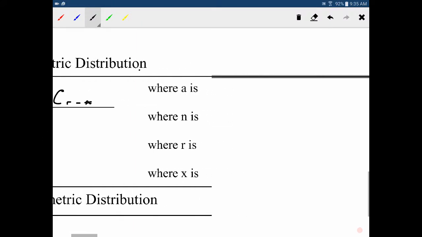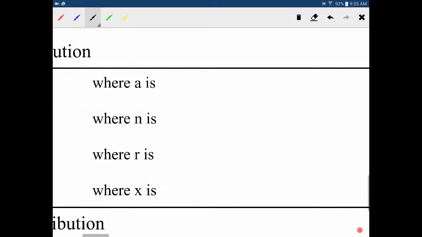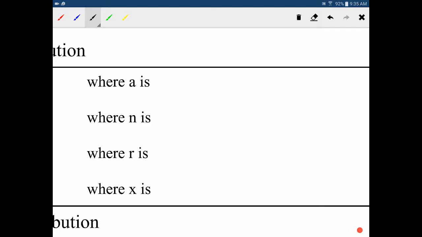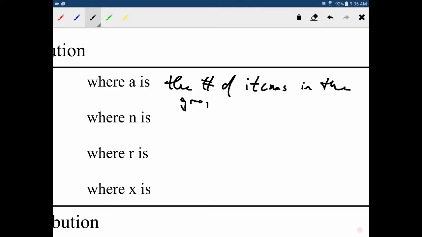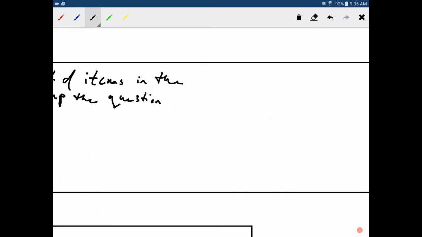Here A is the number of items in the group the question is interested in.